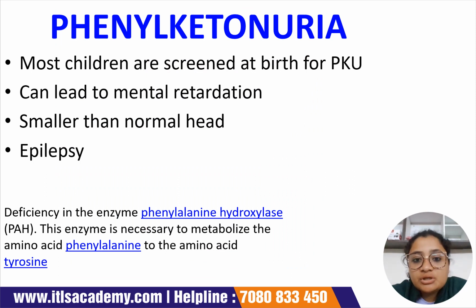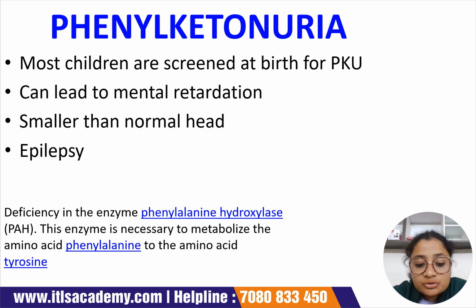Again, phenylketonuria, which I actually skipped in the previous session because I wanted to talk about it in the second session, since this is the session where we are talking about inborn errors of metabolism. In phenylketonuria, the substance which is getting deposited is phenylalanine. That is the substrate which is getting accumulated.